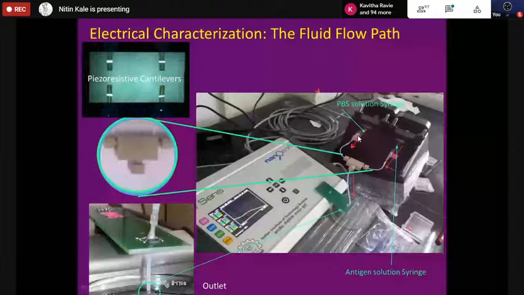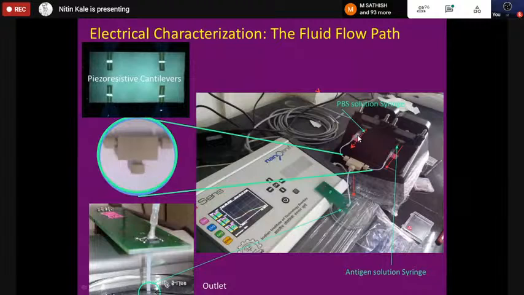You can concentrate a bit on this T. So this is that T. This is a syringe pump. It has stepper motors, and you can push in liquid from one syringe through this T into the liquid cell so that it can interact with the cantilevers.